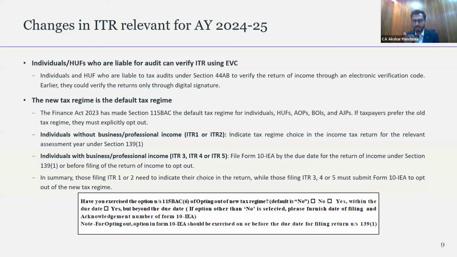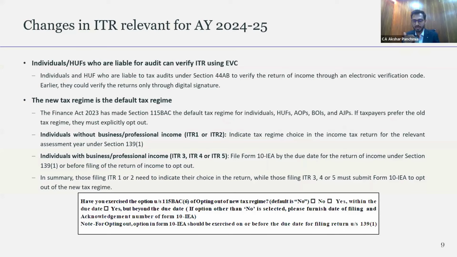At the time of acceptance, earlier only digital signature was allowed, but now a welcome step has been taken where even an electronic verification code is allowed, which can be normally generated through your net banking, so that not everybody who is otherwise not required to get a digital signature has to take one.